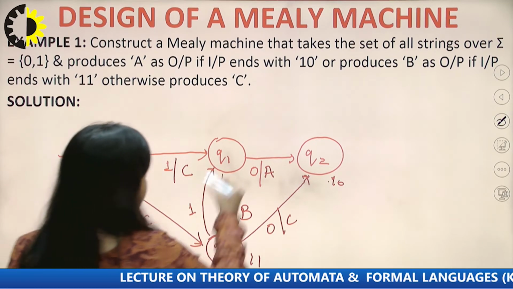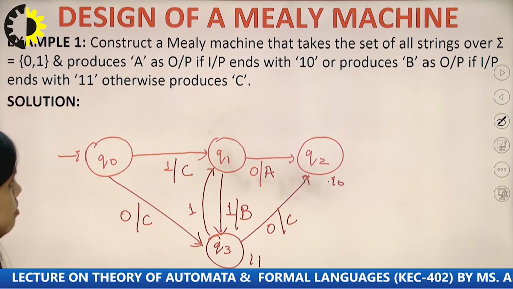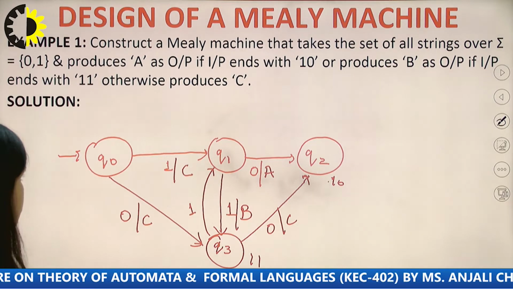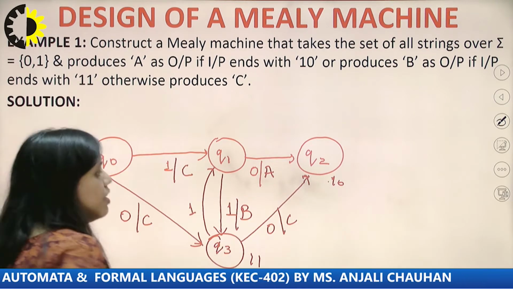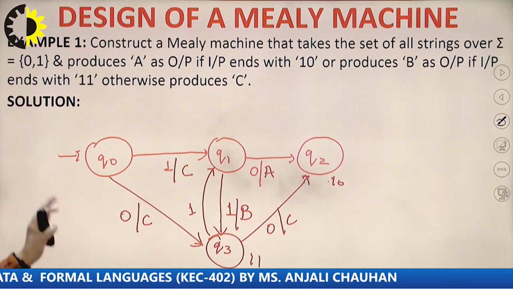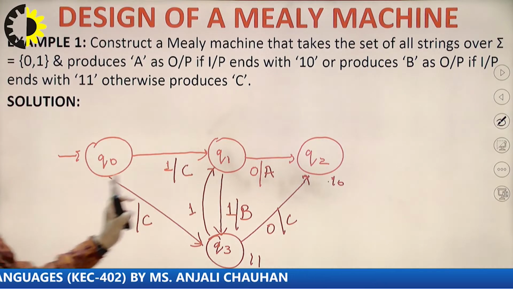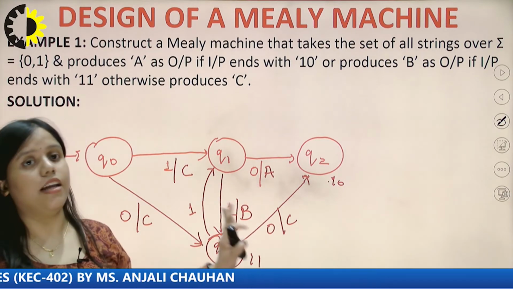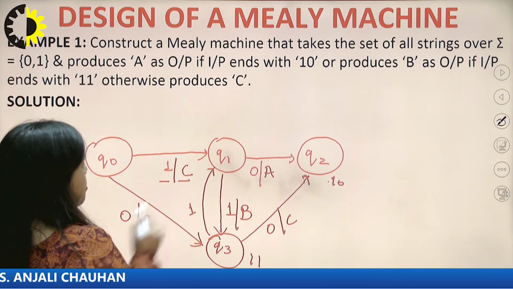So 1, 0 will return A, and then 0, 0 would definitely return C only. So we have finally covered all the possibilities that can happen here. We can see this is the input and this is the output.